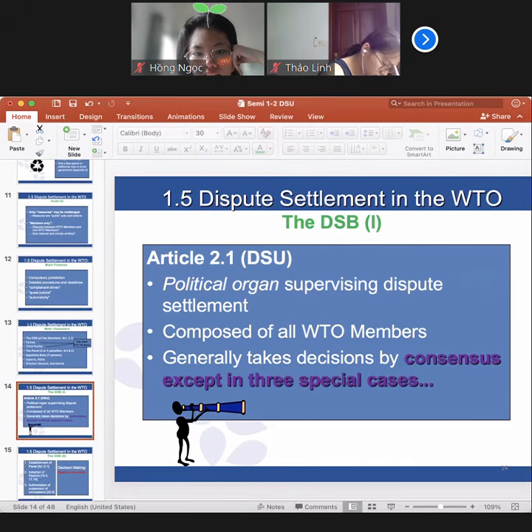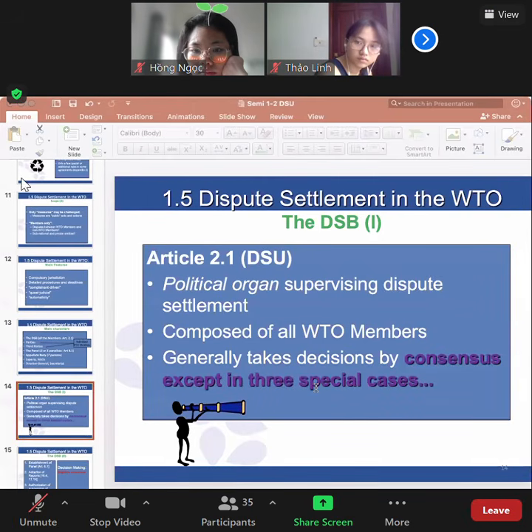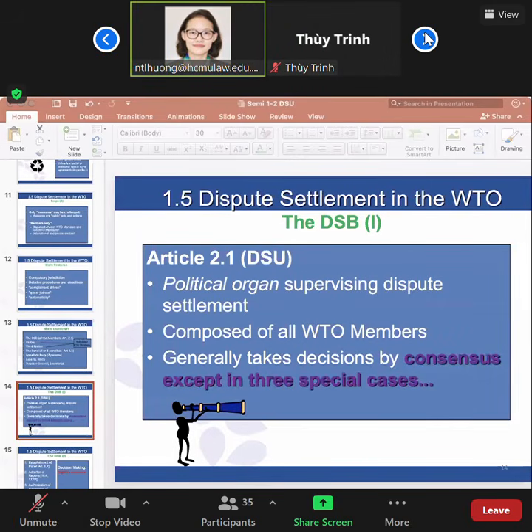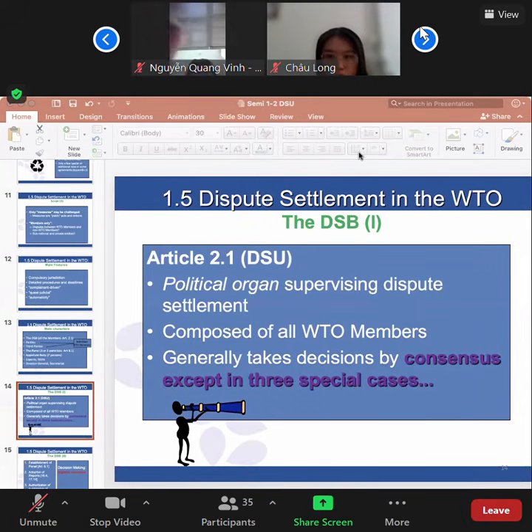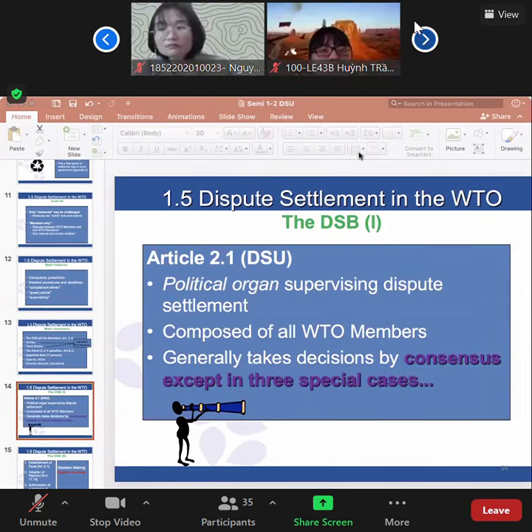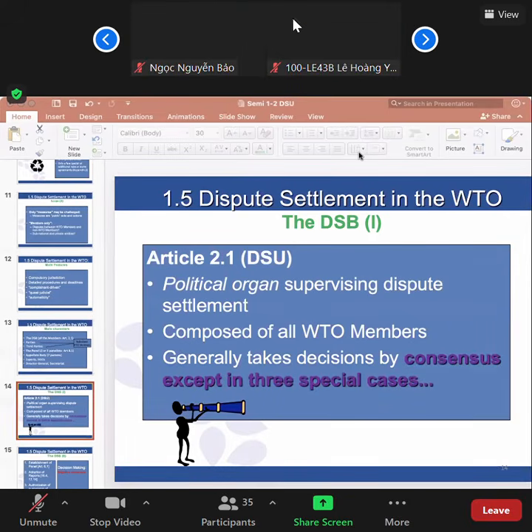If you read through the text, that means Article 2, please have a look at paragraph 4. As you have noticed, where the rules and procedures of this understanding provide for the DSB to take a decision, it shall do so by what kind of decision-making rule?